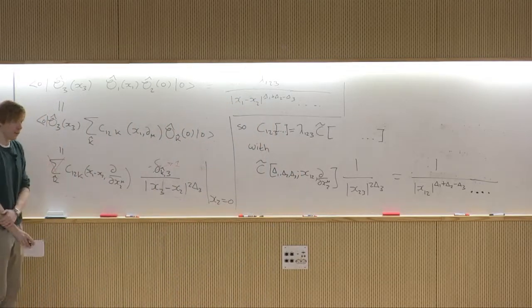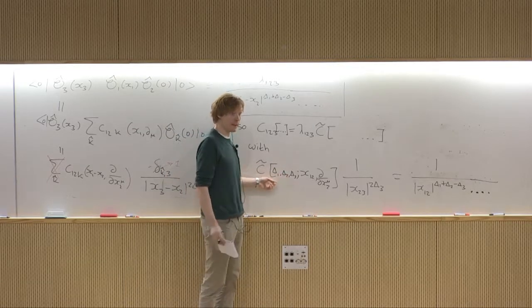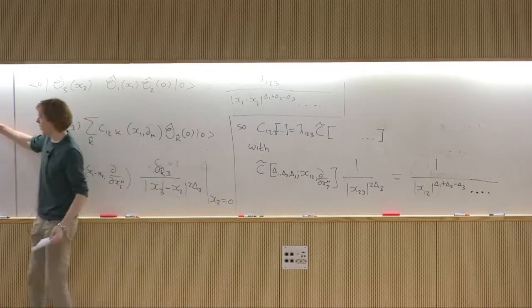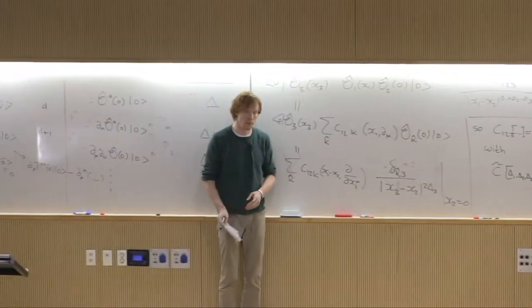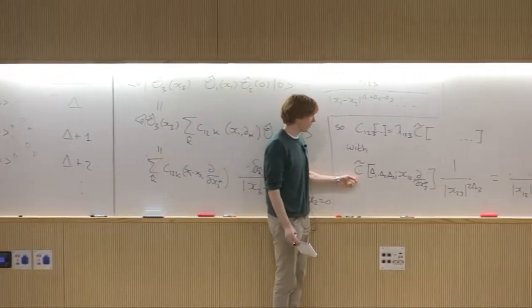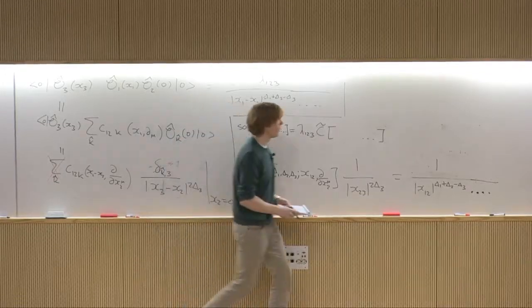More generally, if the operators had spin, it would also depend on the spin of the operators. But it doesn't depend on anything besides the representation, quantum numbers, delta, and spin of the 3 representations involved. And so, in this sense, the C tildes are completely fixed by conformal invariance.